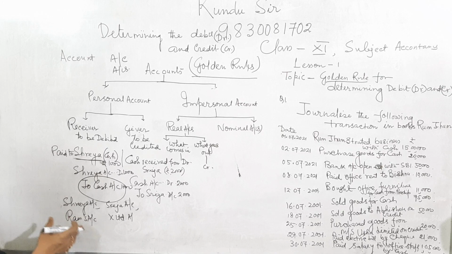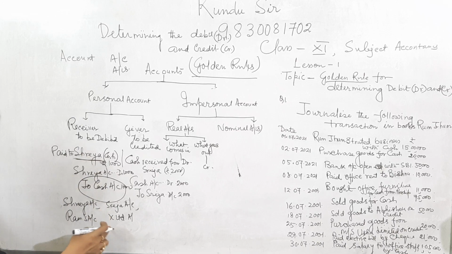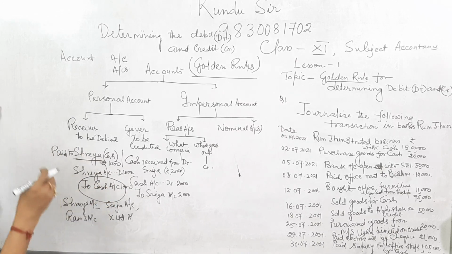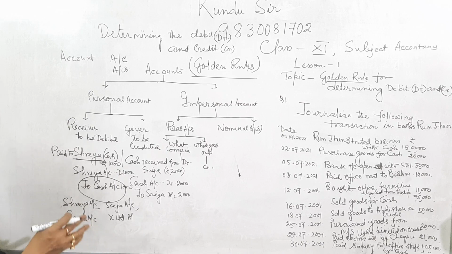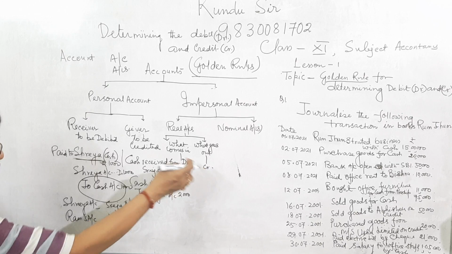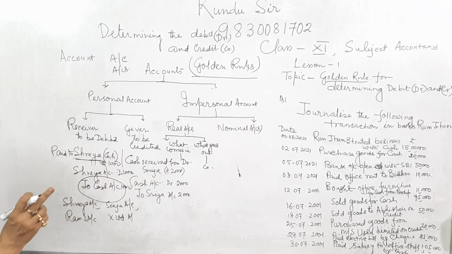Companies are also treated under this head, that is personal. When we are giving some money to X Limited, the entry will be X Limited account debit, and we are giving cash, so cash account will be credited. If we pay X, then X Limited account will be debited to cash account.